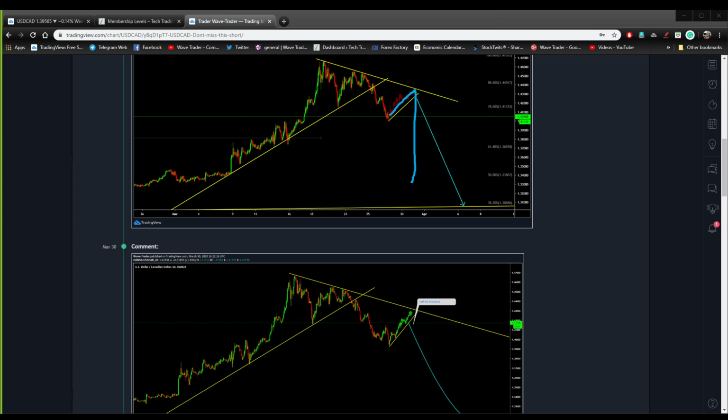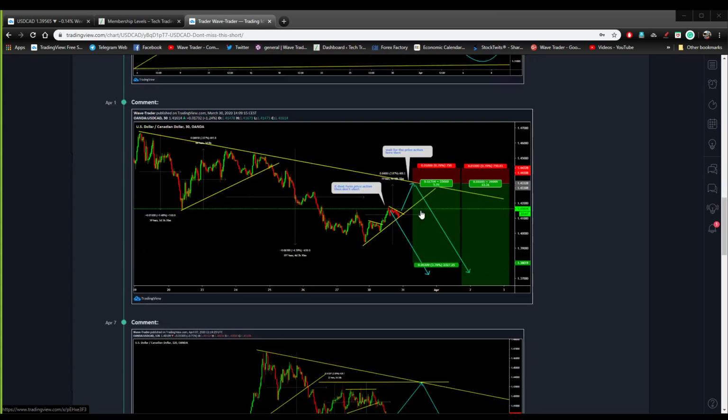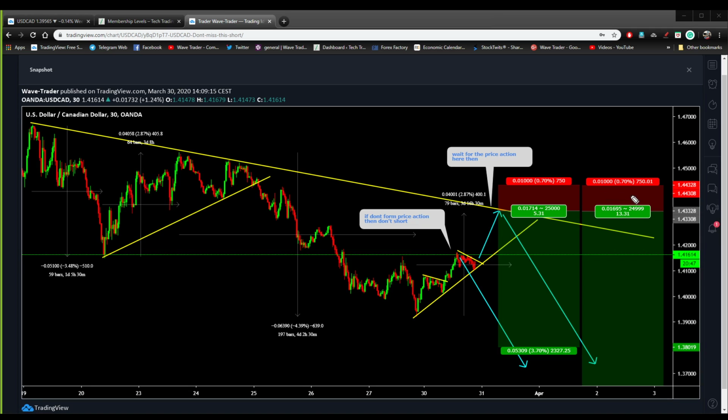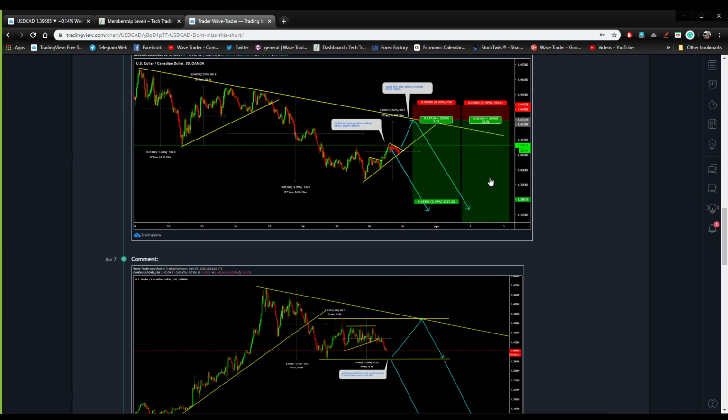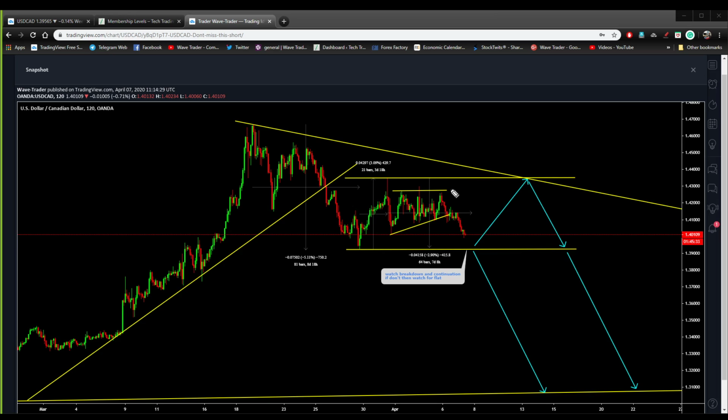Hopefully you're already in the trade from there. Last week I was asking you to look for it to go short close to the 143. This is the bigger time frame. The big wave you are looking at on the dollar CAD is the 1 to 13. So that was the update from last week. We were expecting it to drop from this area last week.